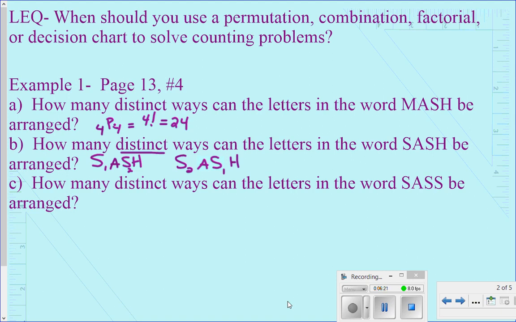So this is very similar to yesterday's lesson when we picked groups with Al, Betty, and Carl. So we picked a group ABC. Well, if I was just putting them on a committee, then I counted that as one group. But if I was putting them as president, vice president, secretary, that counted as 6 groups.